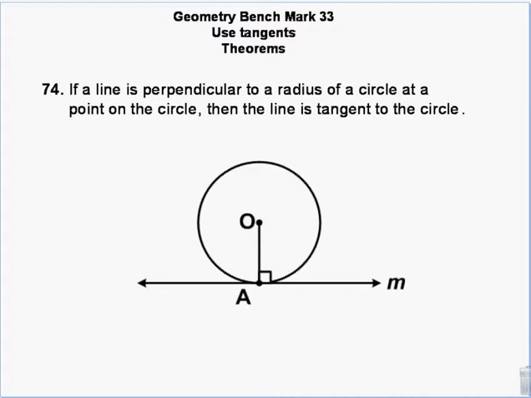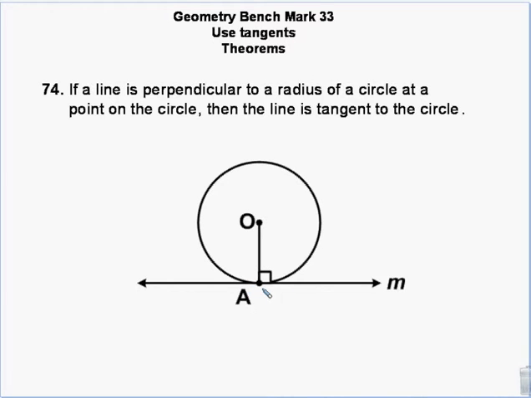So if a line is perpendicular to a radius at a point on the circle, then that line is tangent to the circle. There's no way to not have a line that's perpendicular to the radius and touch the circle. Right, exactly.